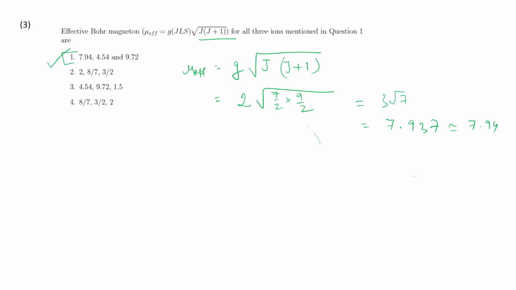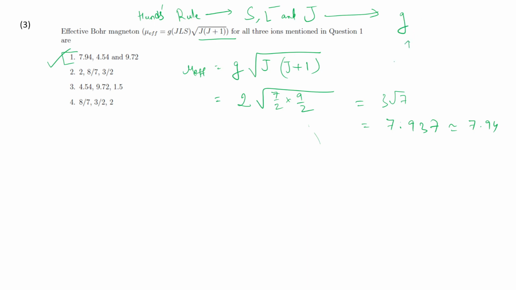Okay, so similarly, but the important thing to note is that the important step is you should know how to apply Hund's rule. From Hund's rule you will get S, L and J, and from there you will get what is G effective.